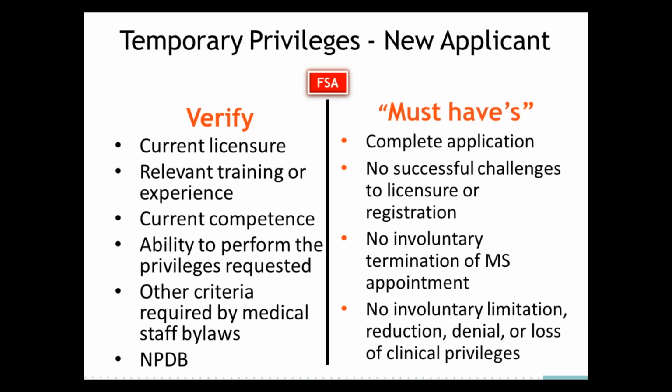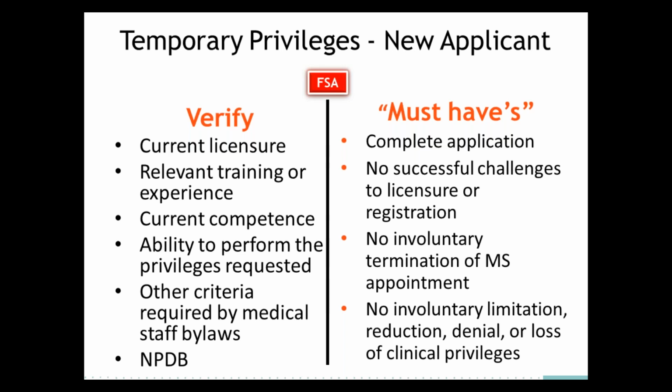For new applicants that have a complete application, the minimum that has to be there in order for that application to be considered complete is that they have a current license, you've verified their relevant training and experience, you've got verification that they're currently competent, and their health status, their ability to perform those privileges that are requested.